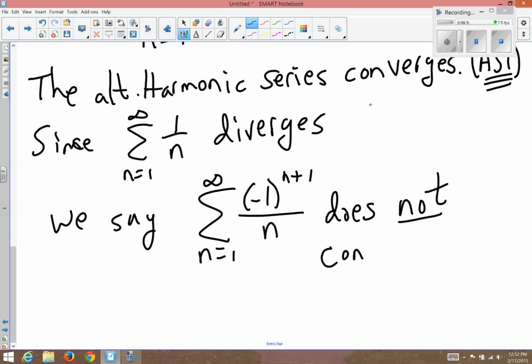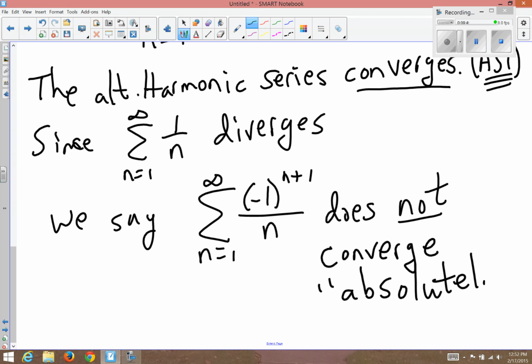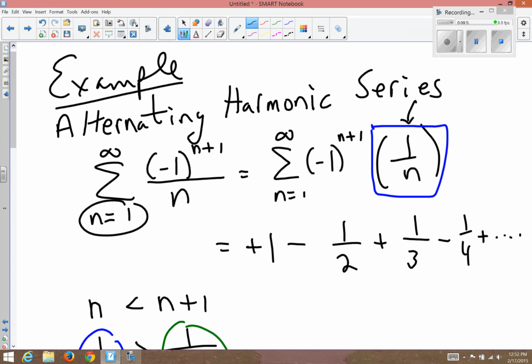We say that it converges, but it does not converge absolutely. And that just means when we take the absolute values of all the terms, we get a series that does not converge.